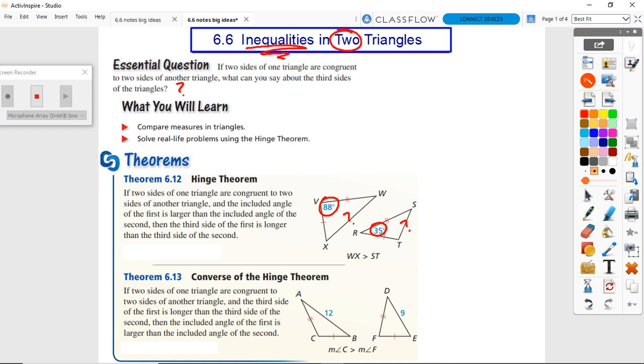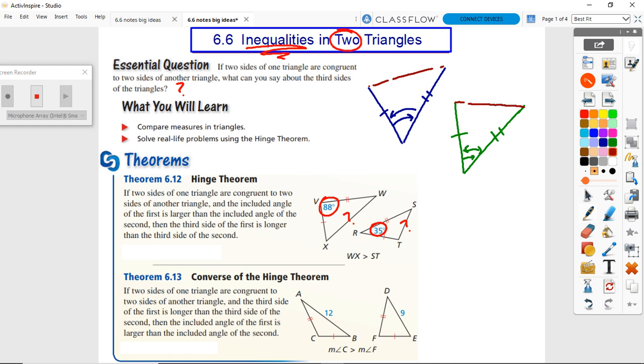So just think about this logically, guys. They call it the hinge theorem because just like a door, if you have two sides, as it hinges open and shut, if you know this length and this length are the same in the two triangles, then we can compare however much we open or shut the door, that third side is going to be affected.